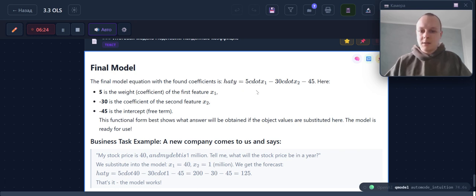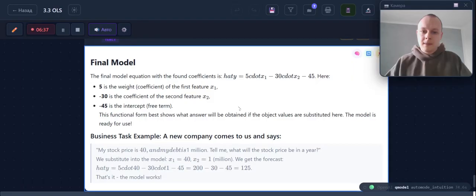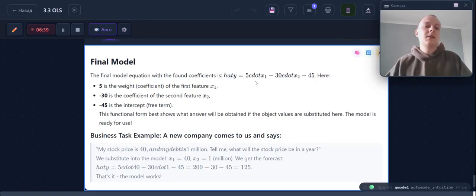We apply 5 with x1, minus 30 multiplied by x2, minus 45 as our intercept, the free term, and we can actually substitute x1 and x2 with any of our objects in the dataset and get a prediction.